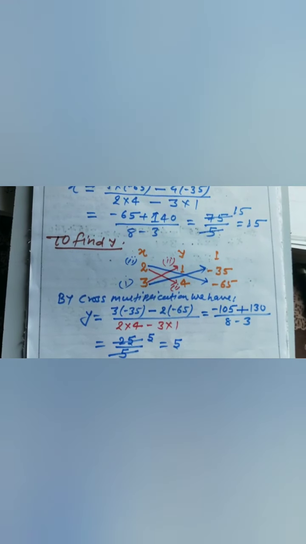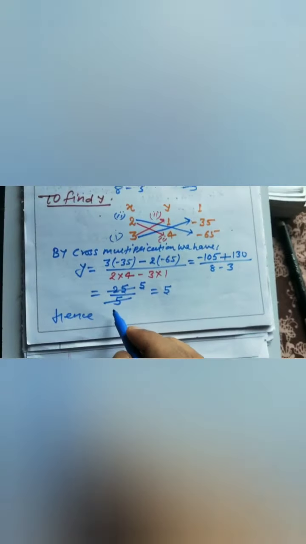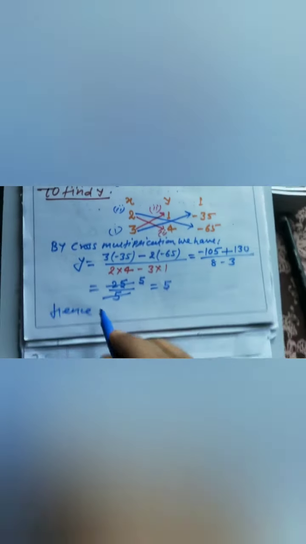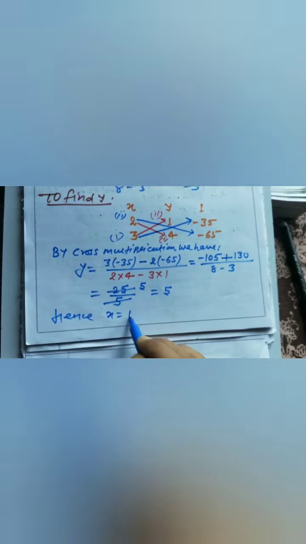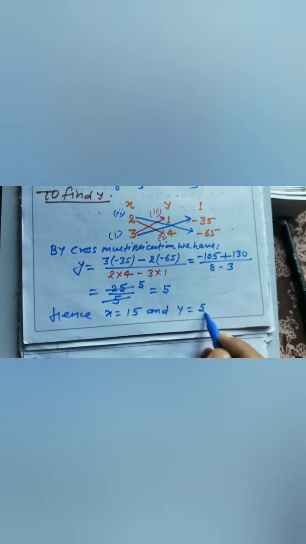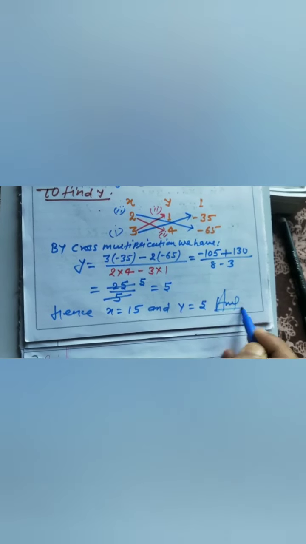Hence we have got the value of x as well as y. The value of x is 15. X is equal to 15 and y is equal to 5. This is your answer.